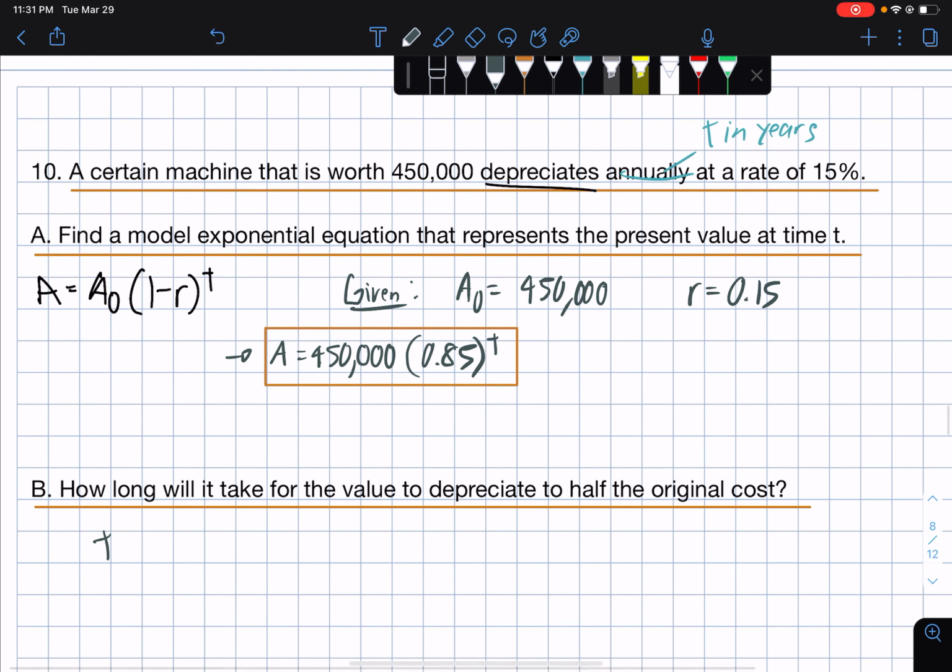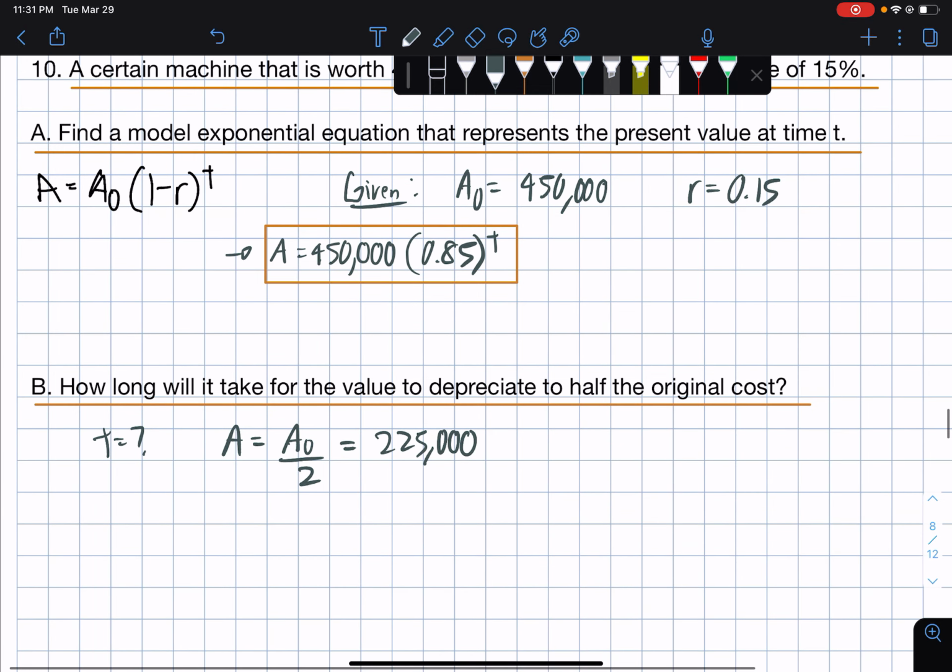So t is equal to question mark. Depreciate to half the original cost. Original cost is 450,000, so the A is A0 over 2, which is basically 450,000 divided by 2, 225,000.